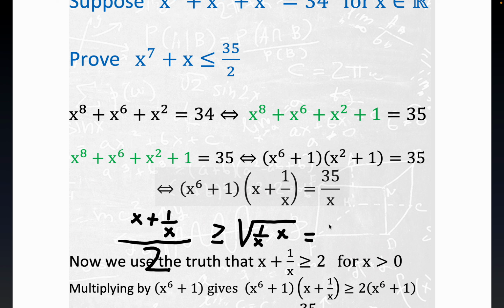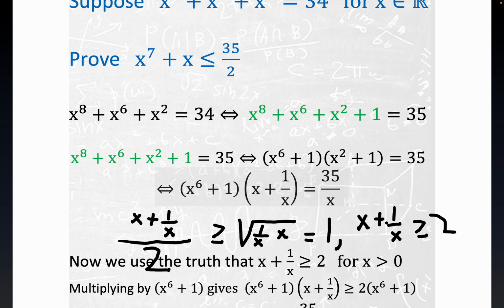So this is equal to 1. And you can see why this would all imply that x plus 1 over x is greater than or equal to 2. That's just a simple application of what we call the arithmetic mean, geometric mean inequality. You take this 2 to the other side, and you end up with this.